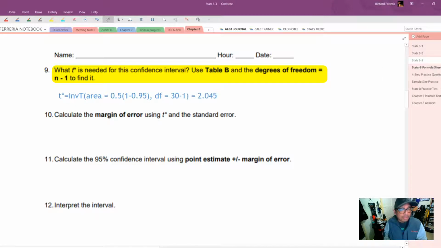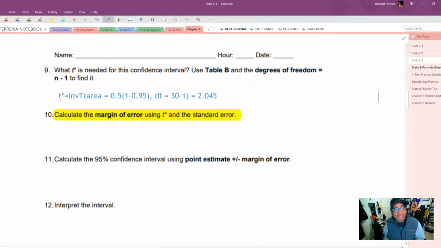And that gets us 2.045. Just like with the inverse norm or with the confidence critical value for z, the t star is always also going to be a positive number. So even though we got a negative 2.045, our t star is actually positive 2.045.